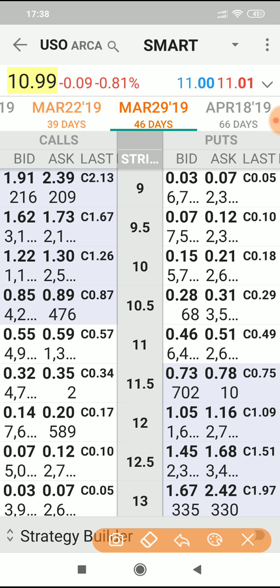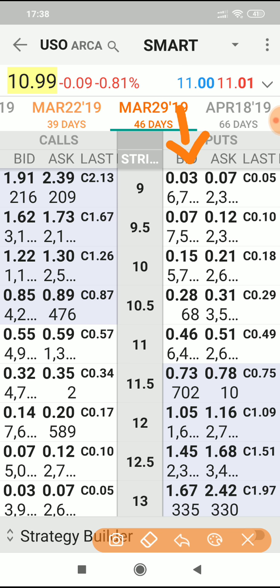I could choose to say, I'm happy to buy at 10, or at 10.5, or I want to buy at 9.5. Those are my choices. For each of those choices, I can sell a put for these prices down this bid column. Because there's the bid and the ask, we sell at the bid.